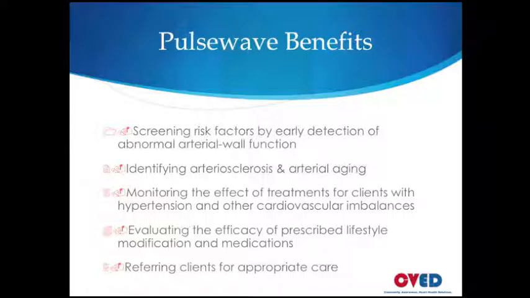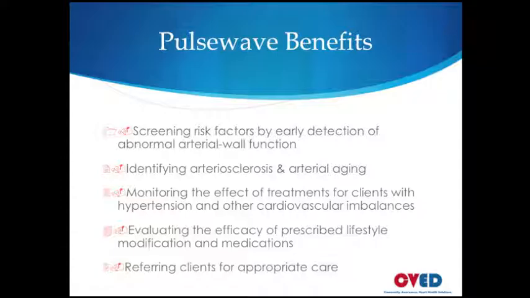So the pulse wave benefits, there's quite a bit to mention here, but really it comes down to screening the risk factors with an early detection system, looking at abnormal arterial wall function. We're identifying whether there's arteriosclerosis and arterial aging. We're monitoring the effective treatments for clients with hypertension and other cardiovascular imbalances, evaluating the efficacy of prescribed lifestyle modification and medications.